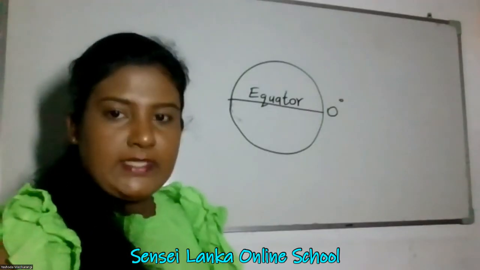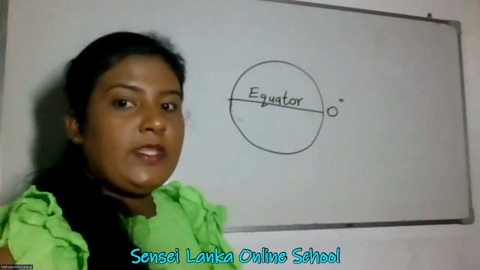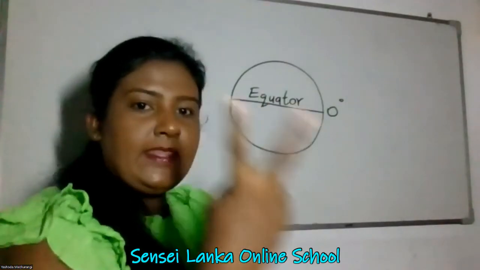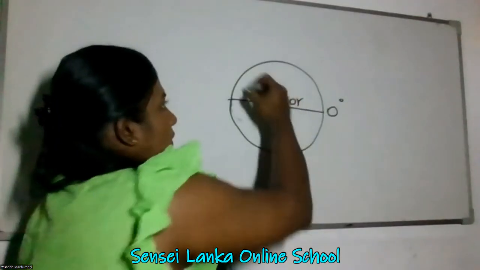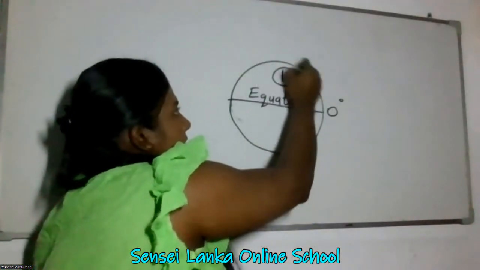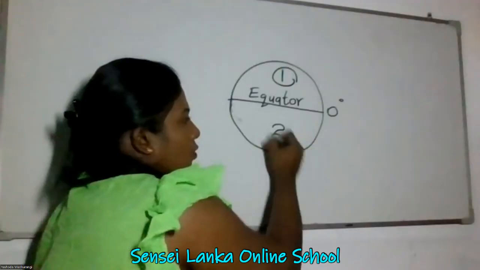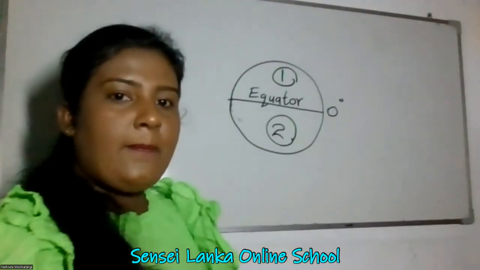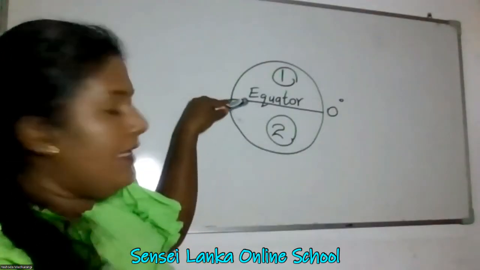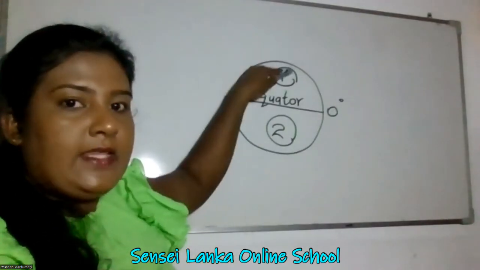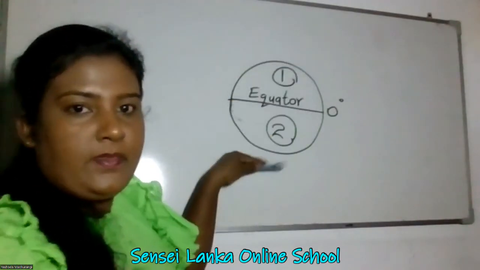This is the equator in the middle. So the equator can divide the earth into two. What are the two? I will put number 1 here, number 2 here. Look at number 1 and number 2. This line in the middle can divide the earth into two.